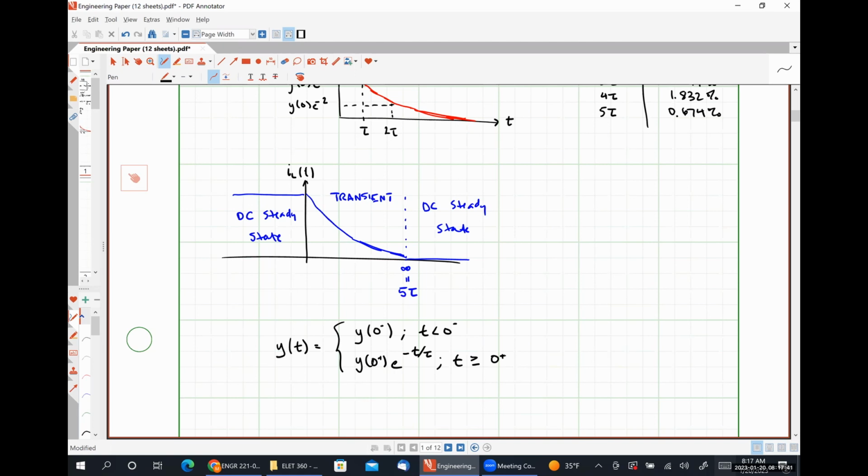So now we're going to talk about what's called the total response of one of these systems. I don't remember if I used this term last quarter when I was making that video or not, but what we were dealing with before, which is this expression, is effectively what's called the natural response of the system.